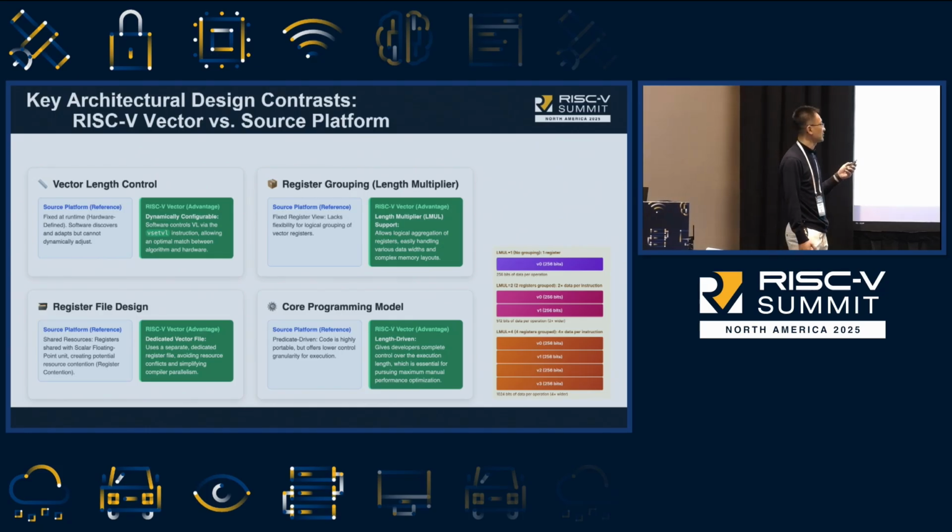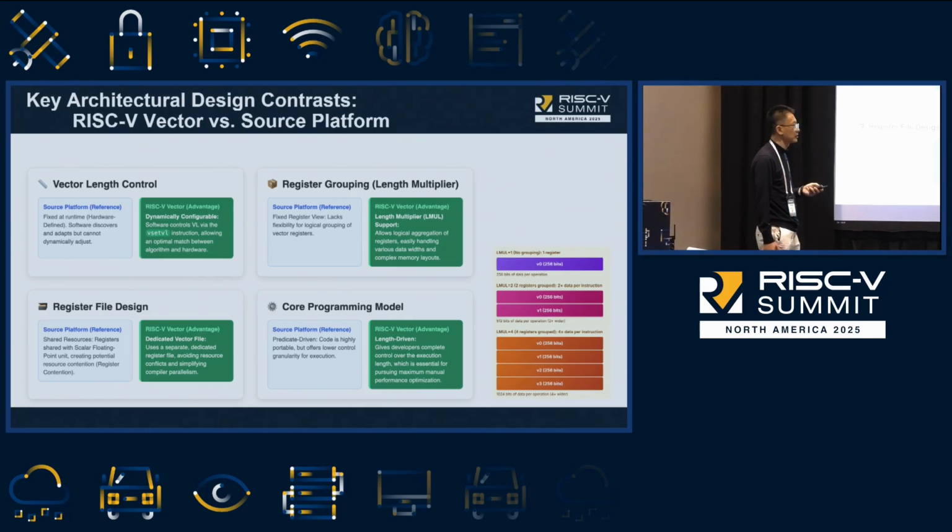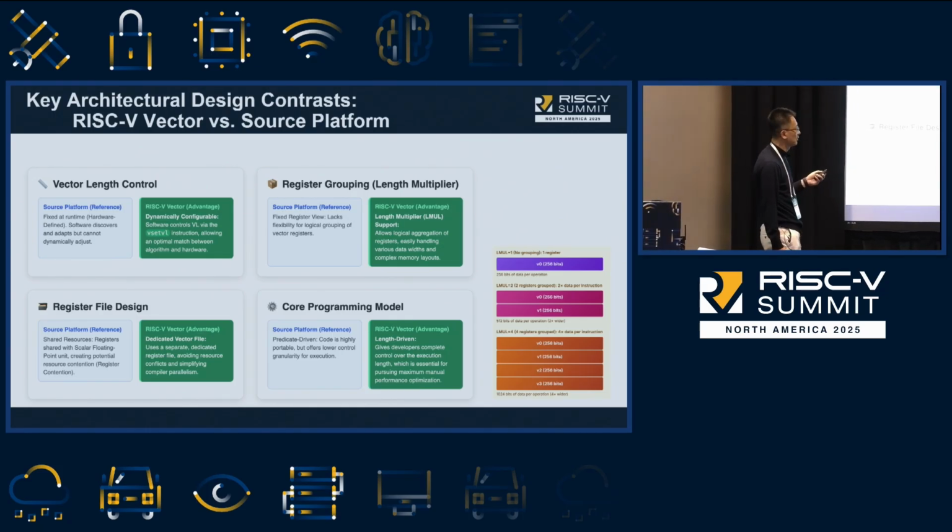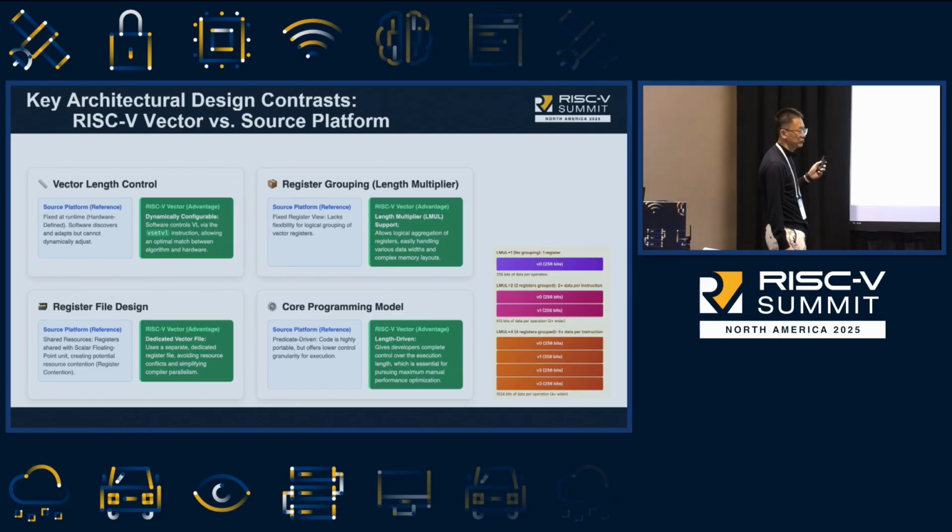First, it's about the vector length multiplier, LMUL. With that, in one instruction, you get access to 2, 4 or 8 vector registers. They are all named by the first register. If LMUL equals 2, then with one instruction you can access 2 vector registers.